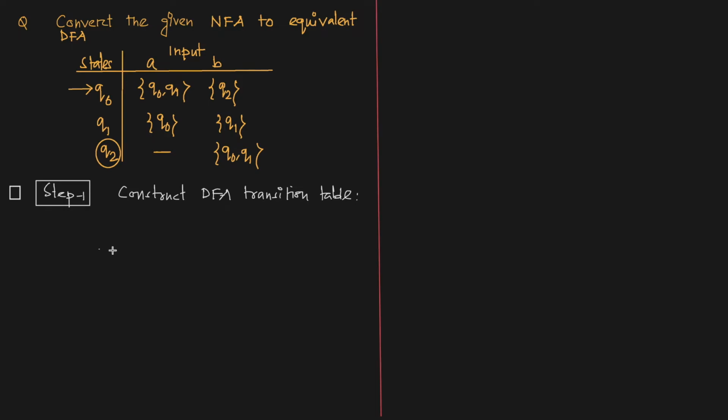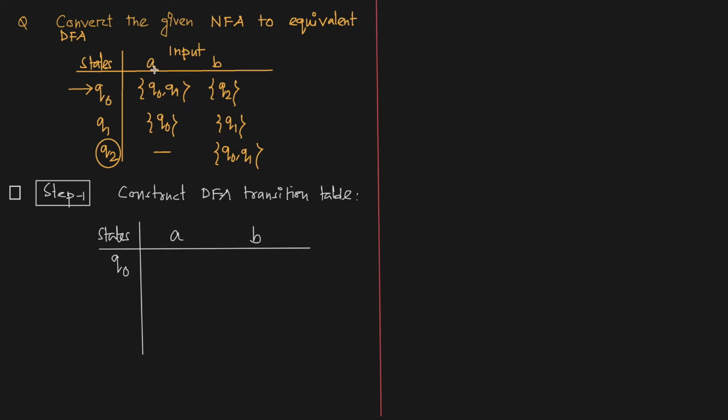Here it is given that Q0 is the initial state and Q2 is the final state. What are the input symbols? Input symbols are A and B. So the initial state is Q0.